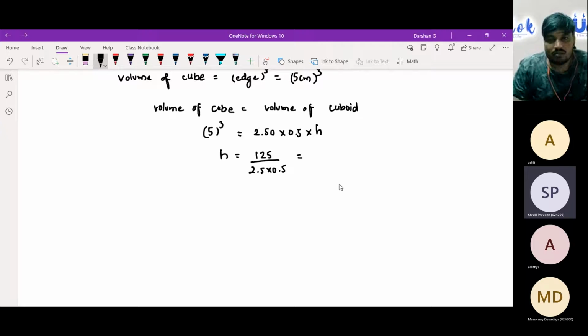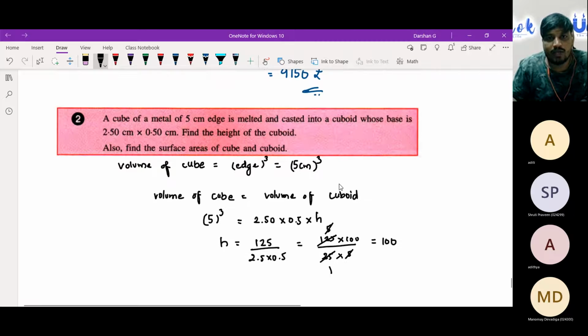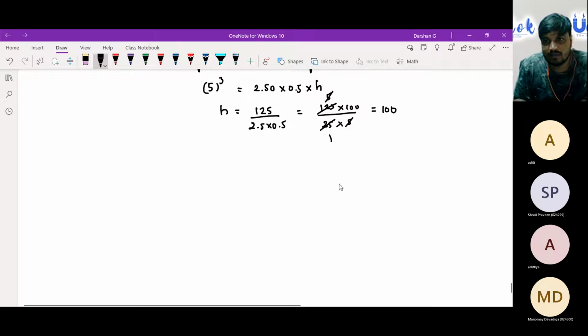It's 100. Yeah, correct. So 125 into, I can use into 100 and make this as 25 times 5 to make it very easy. So next one I'll be using is 5. 25 ones are 25, 5 5s are 5 and 5 got cancelled. Answer is 100. So we need to go back and see 100 centimeter.